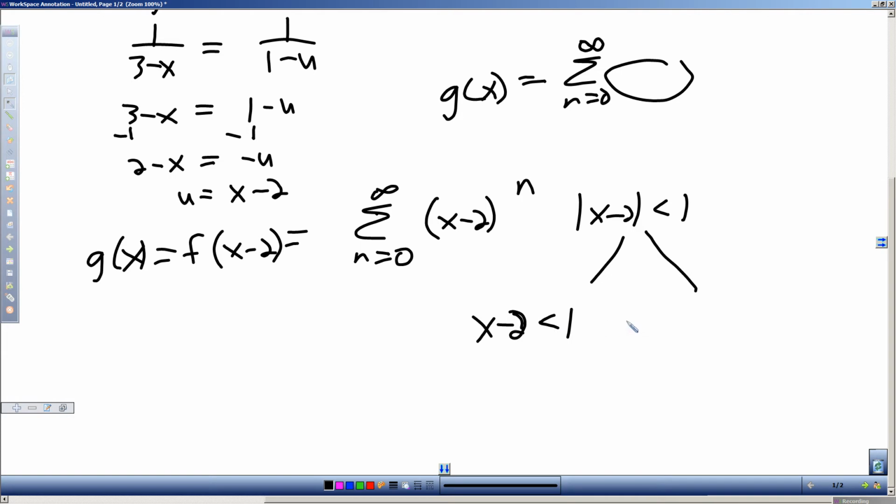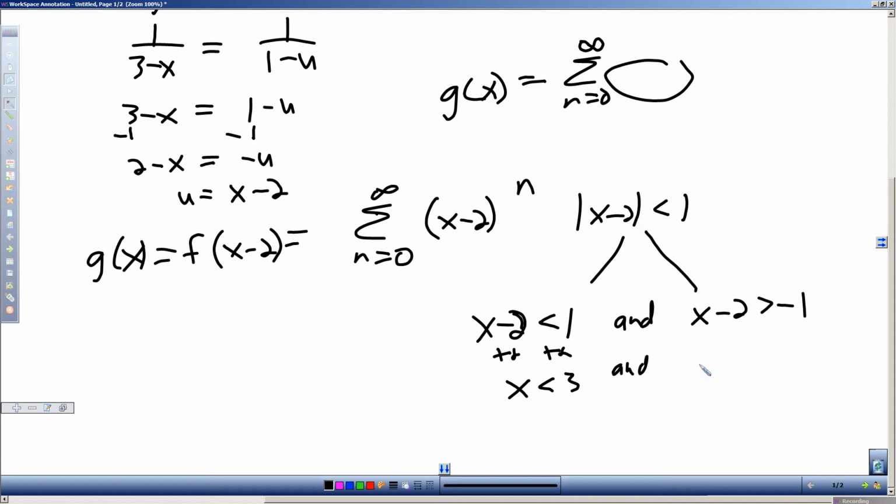Is it going to be and or or? Anytime it's less than, it's always and. You write it as negative 1 is less than x minus 2 and x minus 2 is less than 1. It doesn't matter. That's the rule. So plus 2. So x is less than 3.